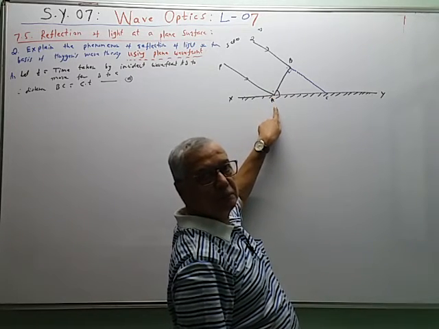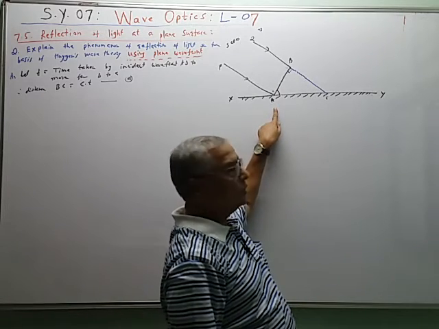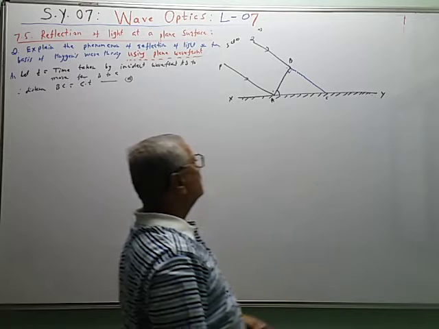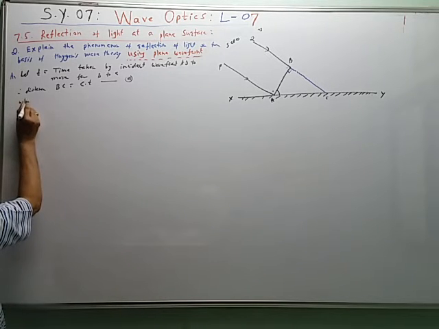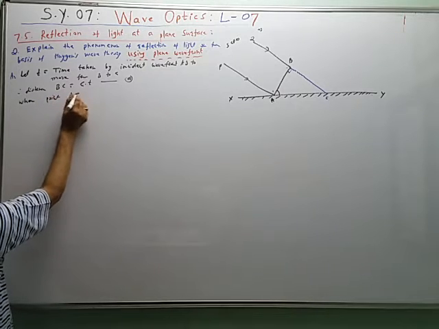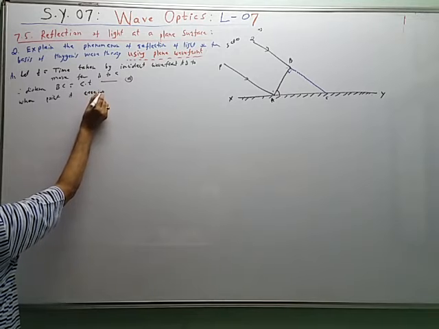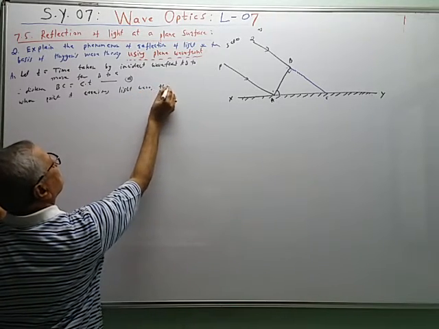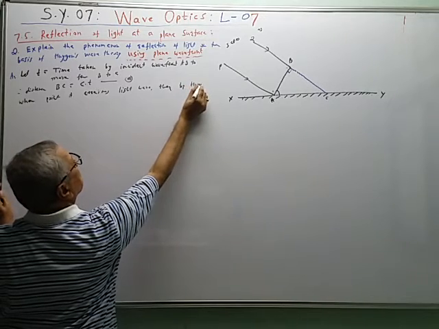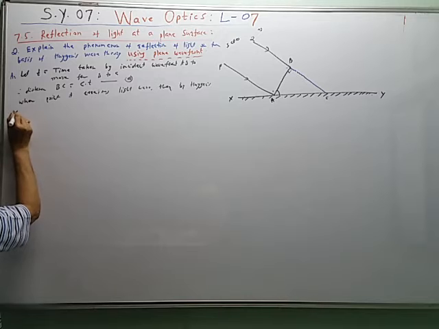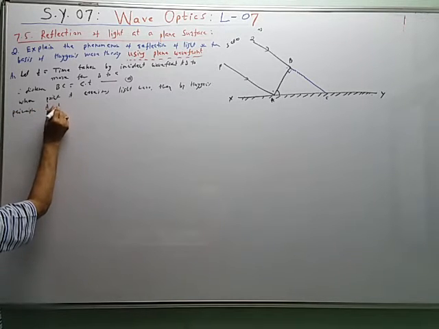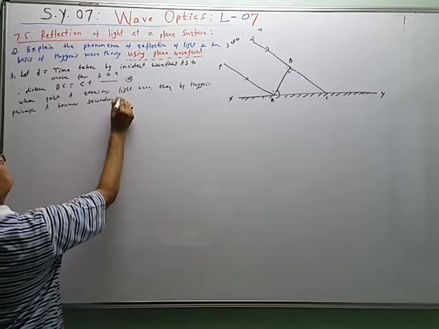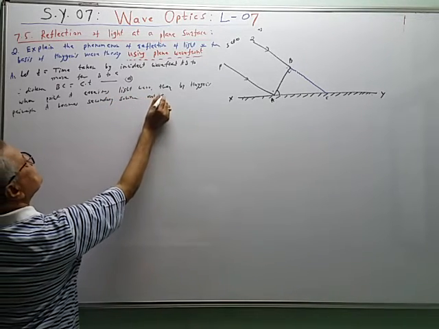So according to the first part of the Huygens principle, when the point A receives the light wave from the source at infinity, it becomes a secondary source and emits secondary waves.